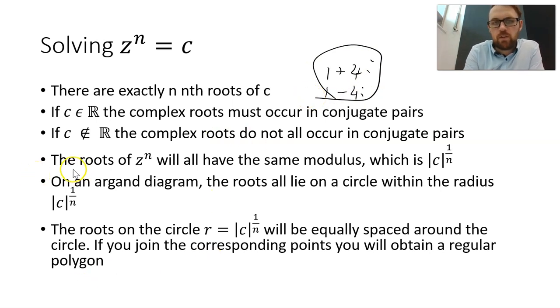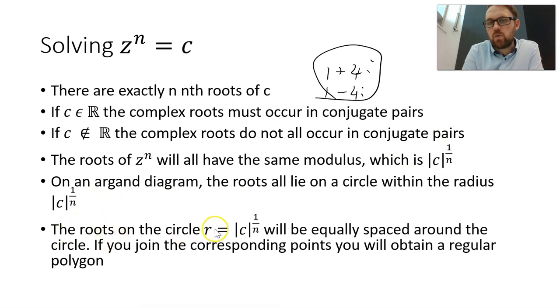Next up, the roots of z to the power of n all have the same modulus, so they all have the same length, which is the modulus of c, the length of our complex number, to the power of 1 on n. On an Argand diagram, the roots all lie on a circle with radius modulus of c to the power of 1 on n, which makes sense because these all have the same modulus, so they'll lie on a circle.